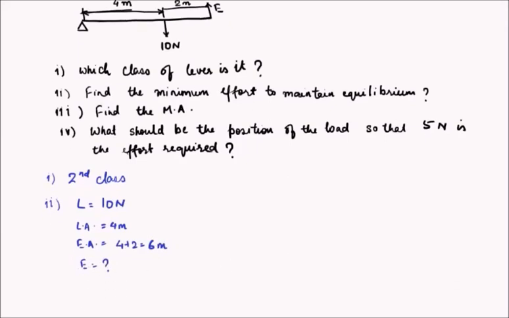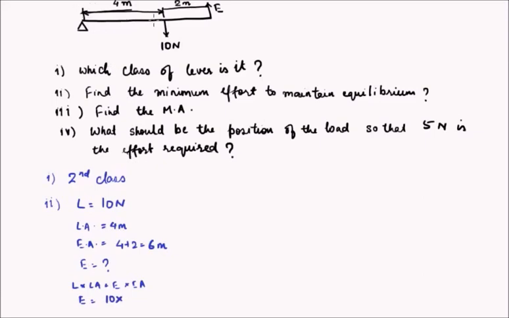We know that load into load arm is effort into effort arm. So if we use that expression, load times load arm is equal to effort times effort arm, we know everything but effort. So effort will be load into load arm upon effort arm. Load is 10 Newton. Load arm is 4 meter.